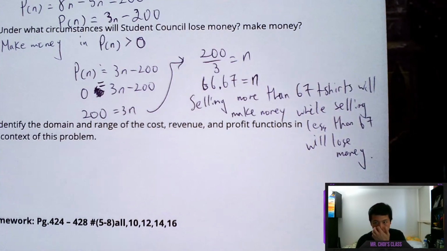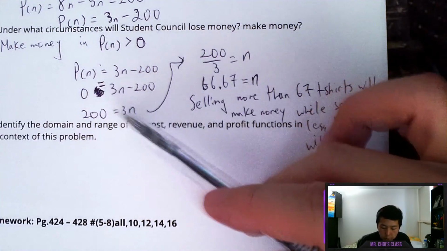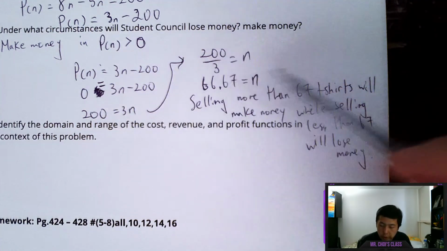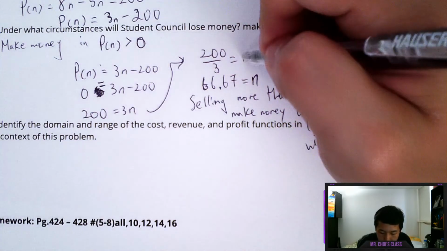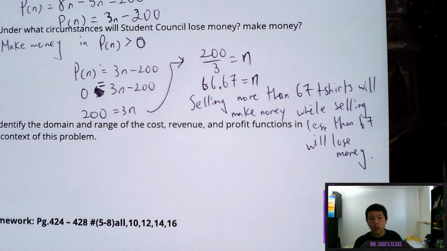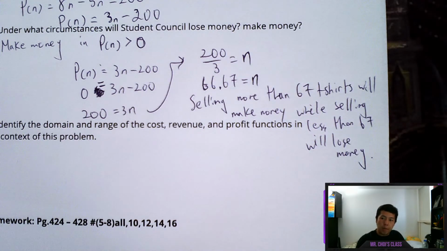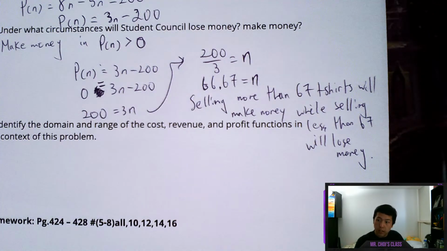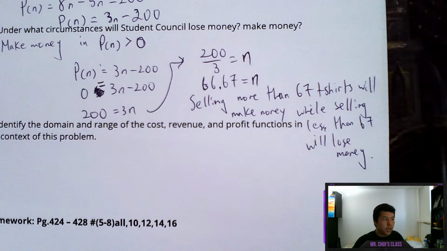And that's it. So we're going to find the break-even point. We're going to figure out what n is, how many t-shirts are required to break even, which means selling more than that many t-shirts will generate money, and selling less than that amount of t-shirts will cause us to lose money, right?